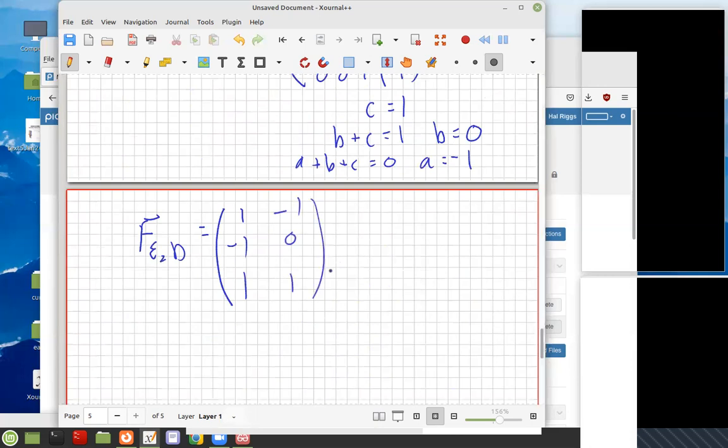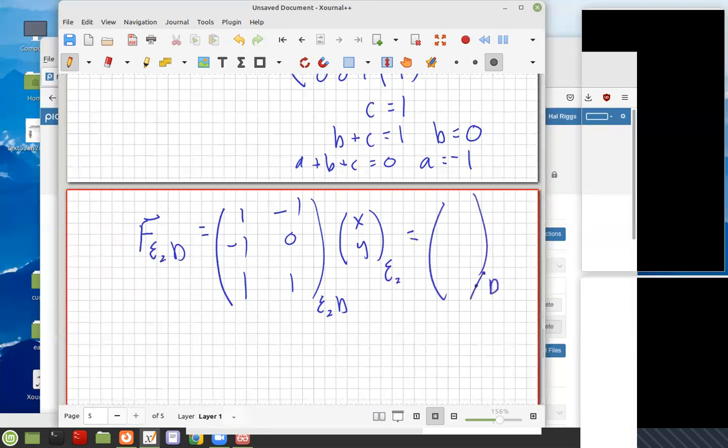Okay, and again, if I want to check, these vectors over here are in the standard basis, but because this is E2 to D, the result is going to be a vector in basis D.